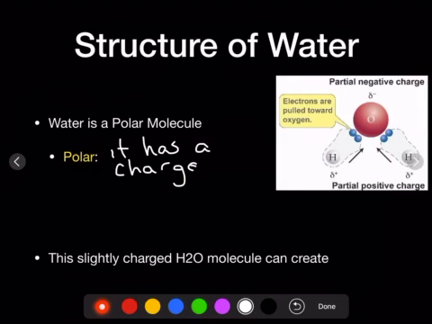The oxygen has a partial negative and the hydrogens have a partial positive. The reason is that the electrons are more closely pulled toward the oxygen because it is the bigger atom, so those negative electrons are associated more with the oxygen than the hydrogen, which creates these poles or charged regions.